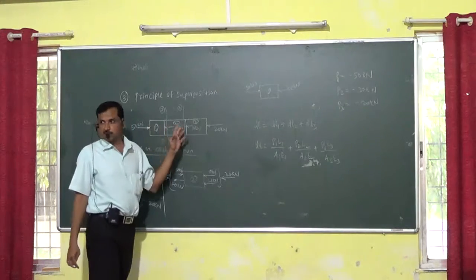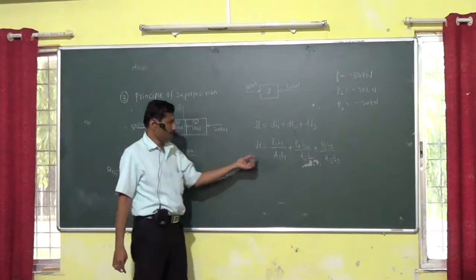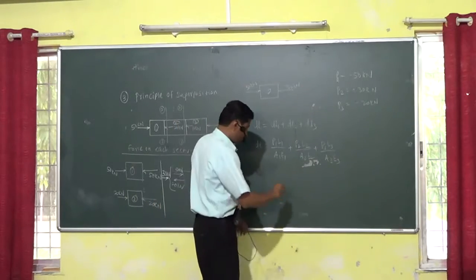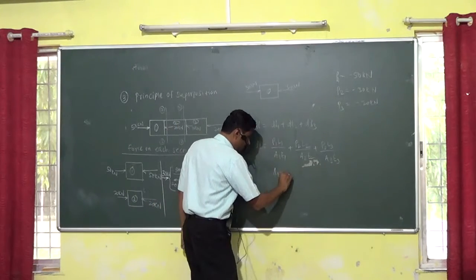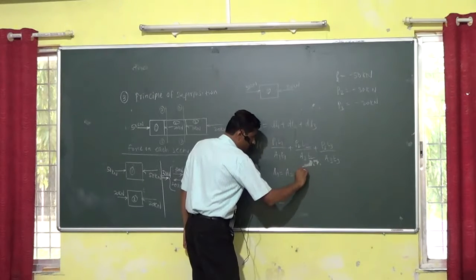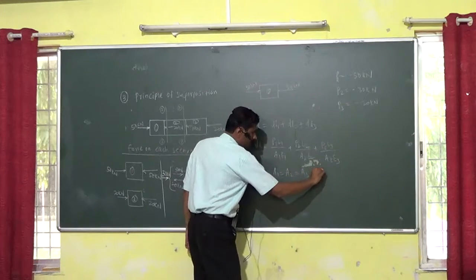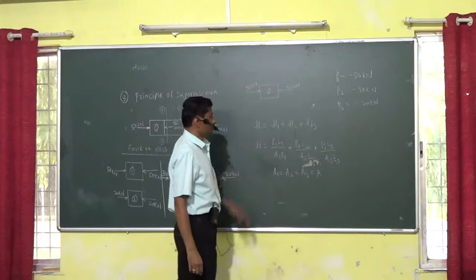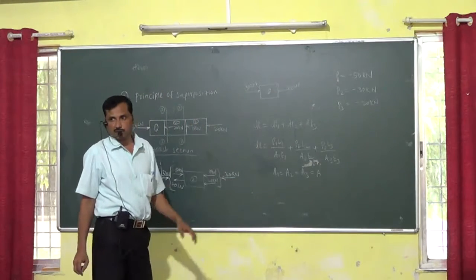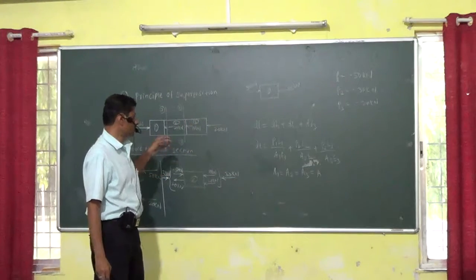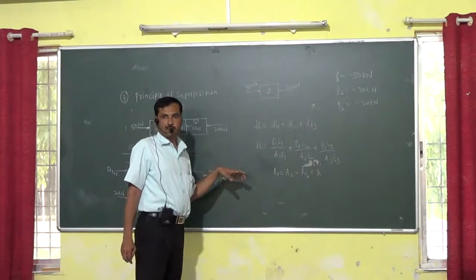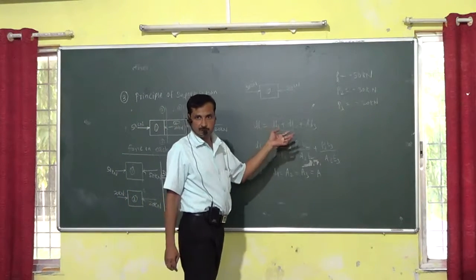As cross sectional area is same, so here A1, A2 and A3 will remain same. So A1 is equal to A2 is equal to A3, which is equal to A. Force is different for each section, length will be different for each section. If material is same, again E1, E2 and E3 will be same.